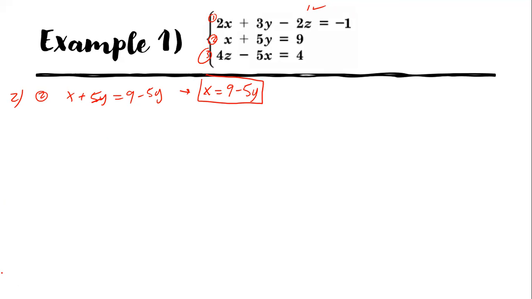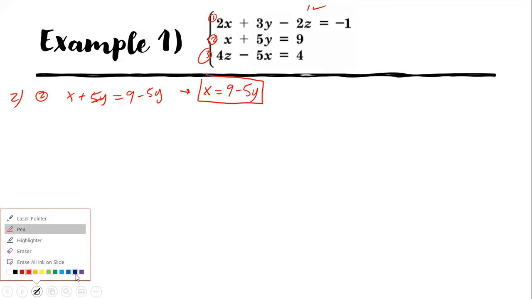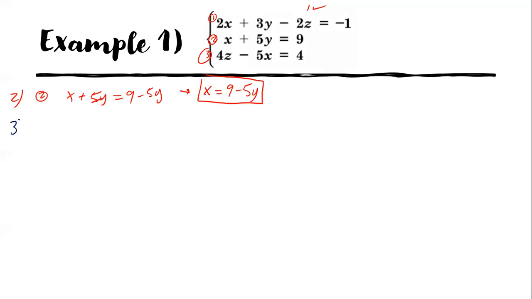Okay, so step 3 is to substitute that variable into the other two equations. So we're going to substitute it into equation 1, and that gives us 2 times (9 minus 5y) plus 3y minus 2z equals -1. And we're going to distribute and combine like terms.